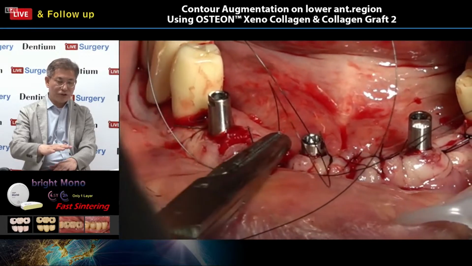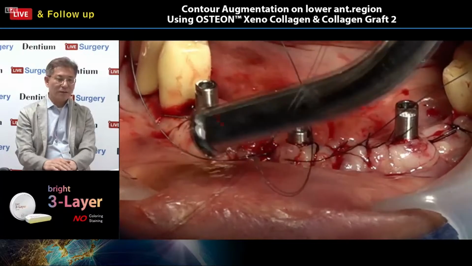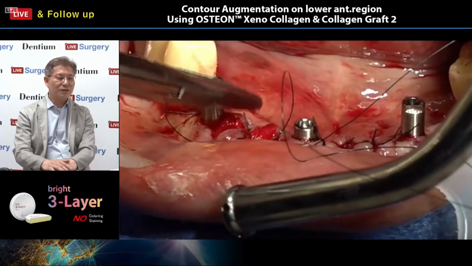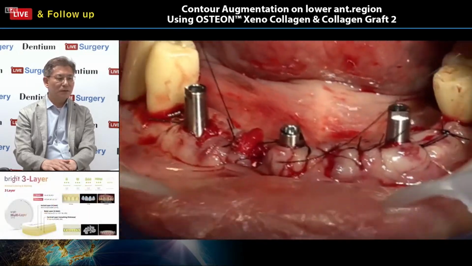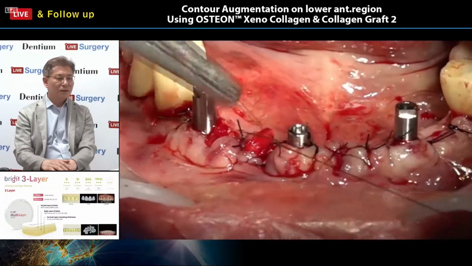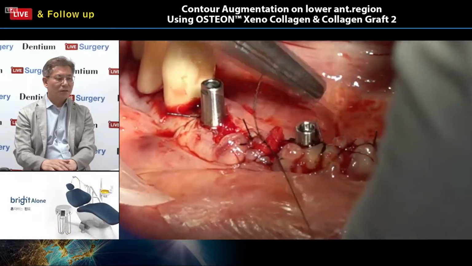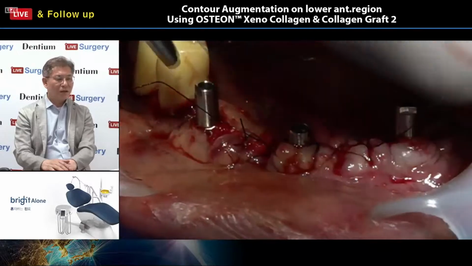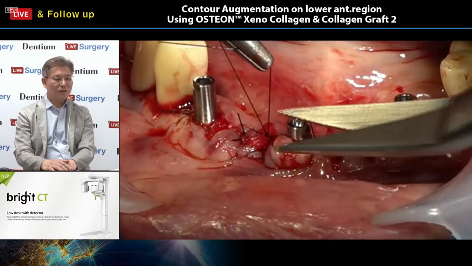Some materials can be pressed by the suture knot when you have an internal cross suture. Okay. So he wants to make another suture knot on this exposed area.